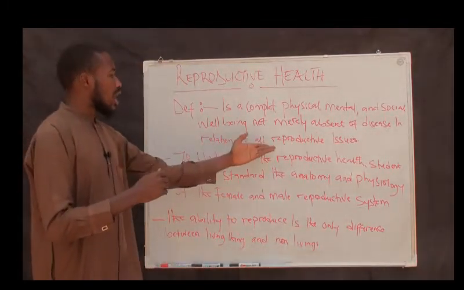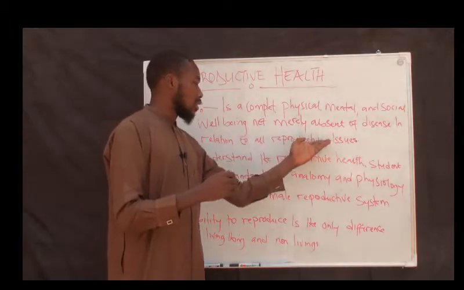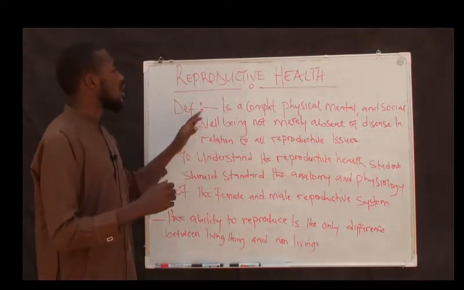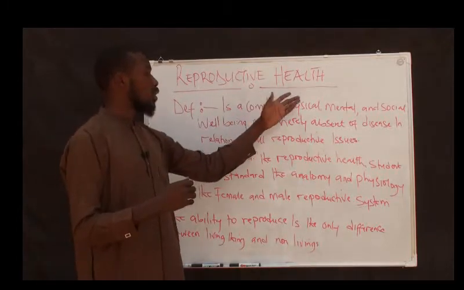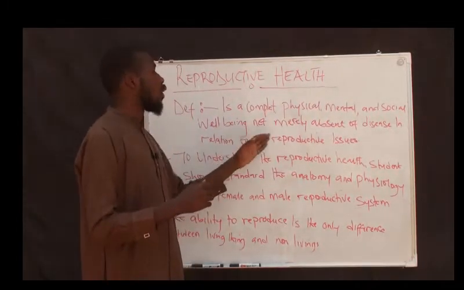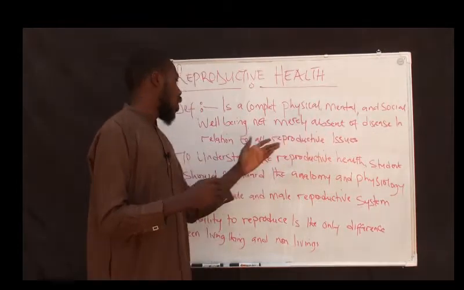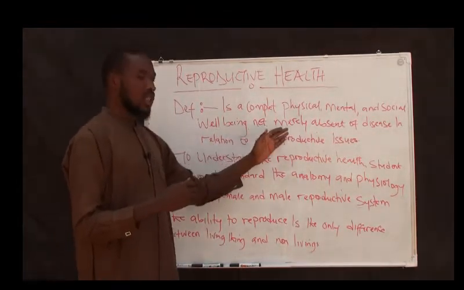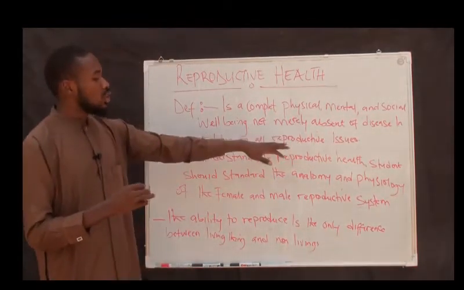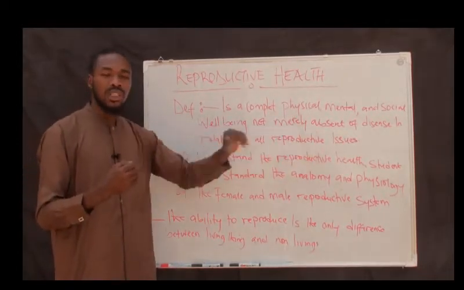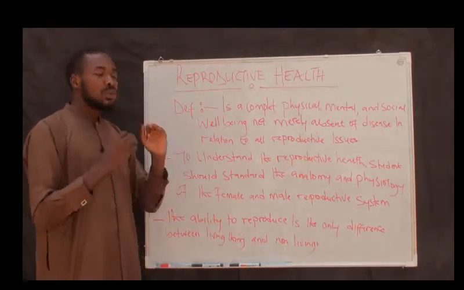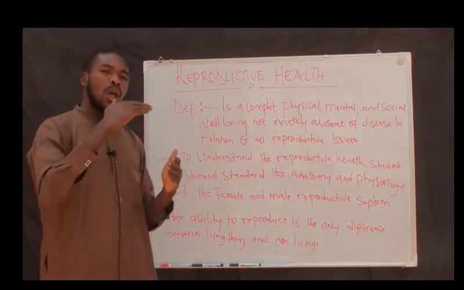If we flash back to our definition, reproductive health is a complete physical, mental, and social well-being, not merely the absence of disease, in relation to all reproductive issues. There are a lot of issues concerning this.